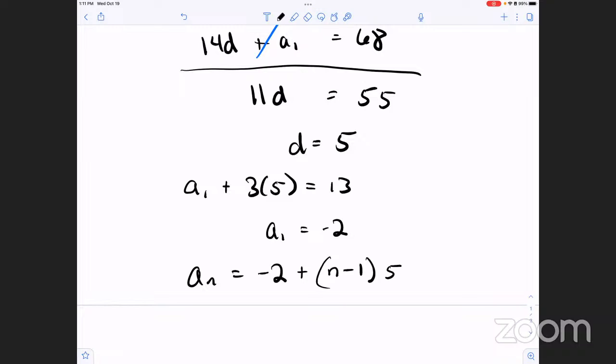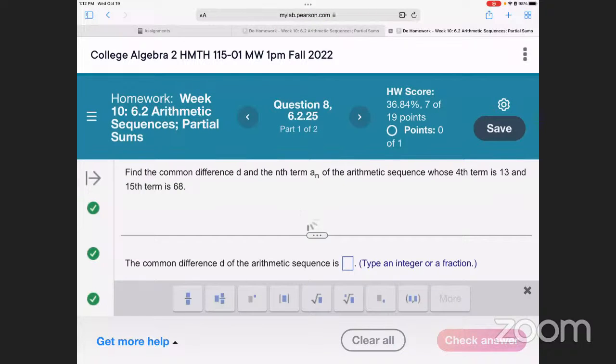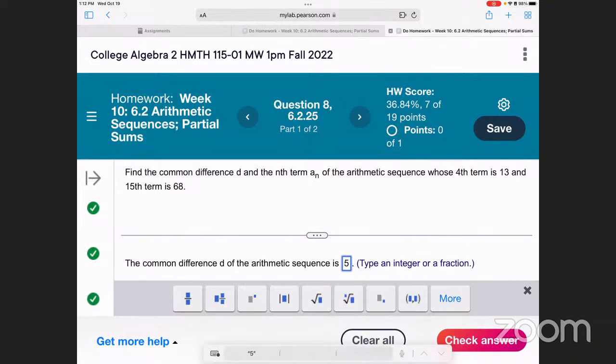But right now the question only asks for the common difference. We could check and verify that our formula works for those, but for the sake of time, I'm just going to submit the result of 5. If it's wrong, I'll go back and try to find the error. Okay, if I hit 5 and enter.